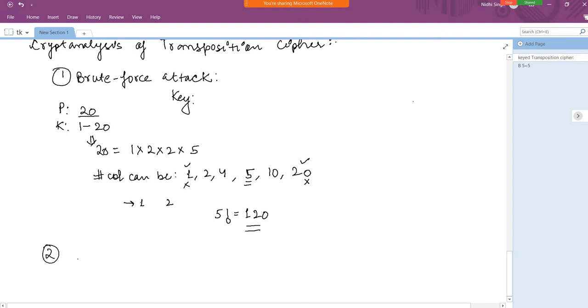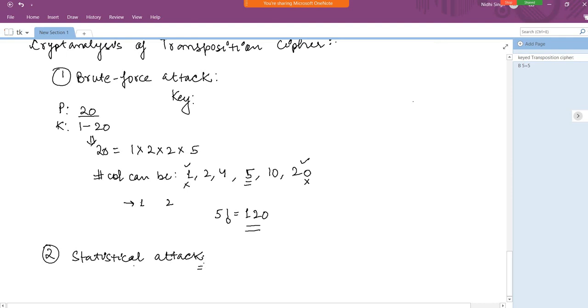Then what will be the statistical attack? As you know, the keyed transposition cipher as well as the keyless transposition cipher do not have the ability to preserve the frequency of the letters, because they generate the ciphertext according to the position replacement.